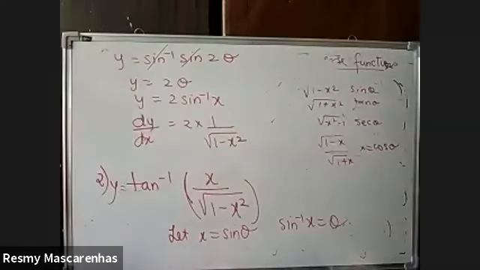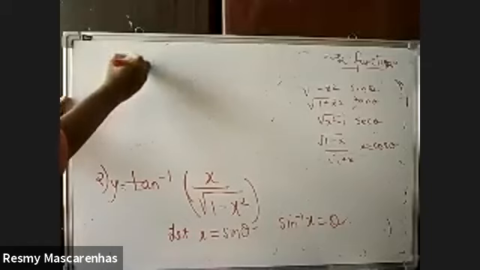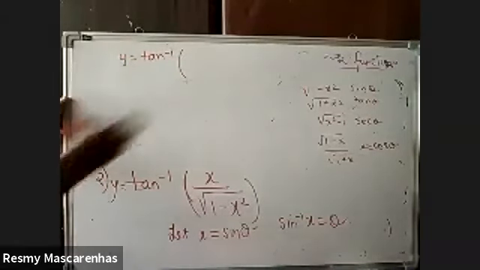Before finding the derivative, what are you getting first? Sine inverse of theta, x, no? Okay, correct. So that will be tan inverse of sine theta upon root of 1 minus sine square theta.